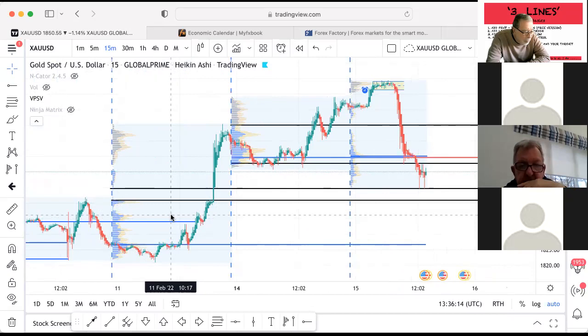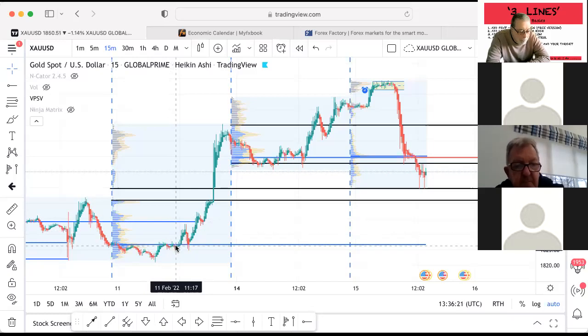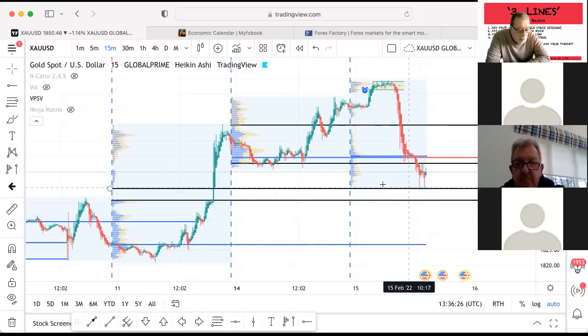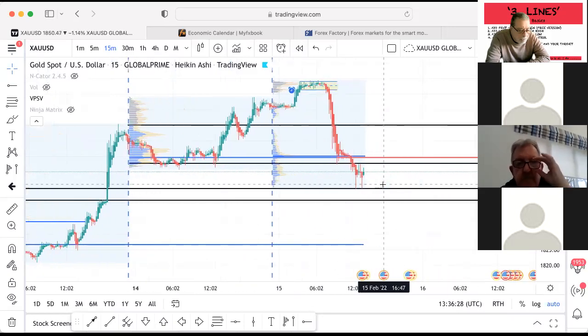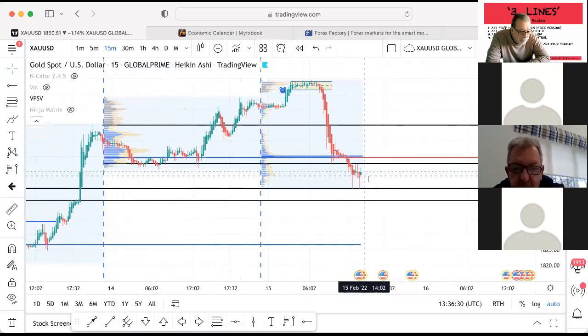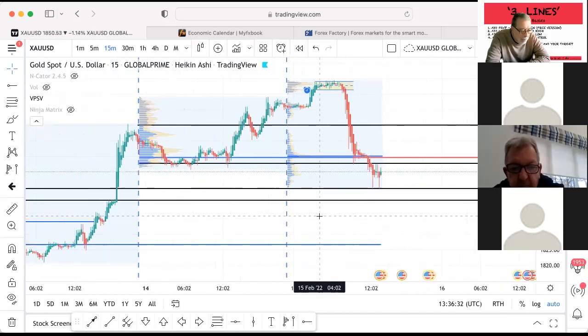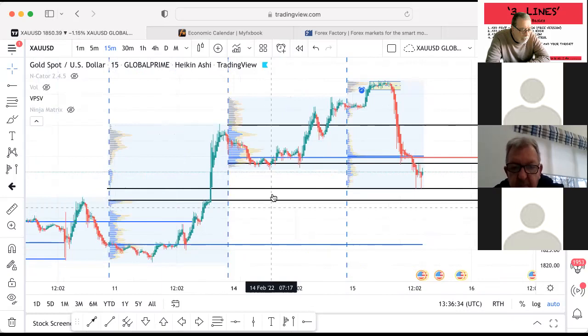That point there would be another. That point there, and finally down to that point, because this line's got to be taken out. Price has got to come down to this at some point. So if we're watching price, waiting for it to come down, there's a couple of potential areas of interest.